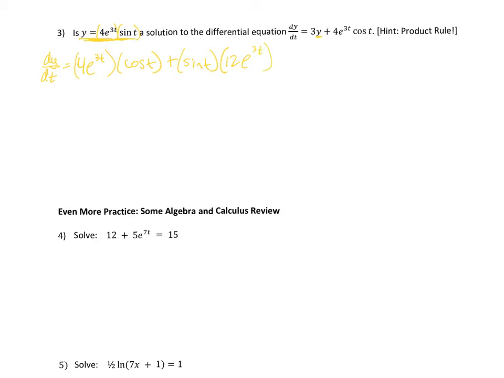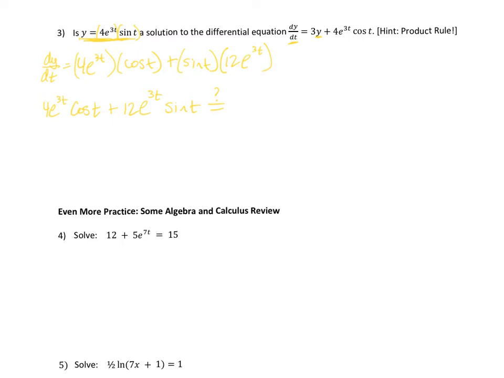Okay, so I've got dy/dt. I'm going to plug that in right here. So dy/dt is this whole mess: 4e^(3t) cosine t plus 12e^(3t) sine t.